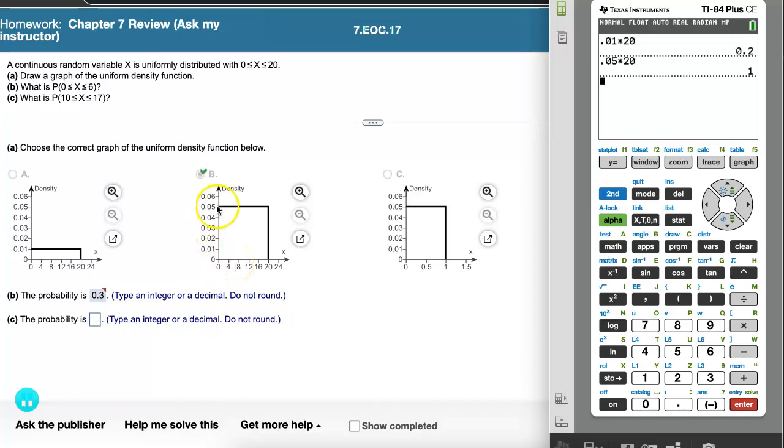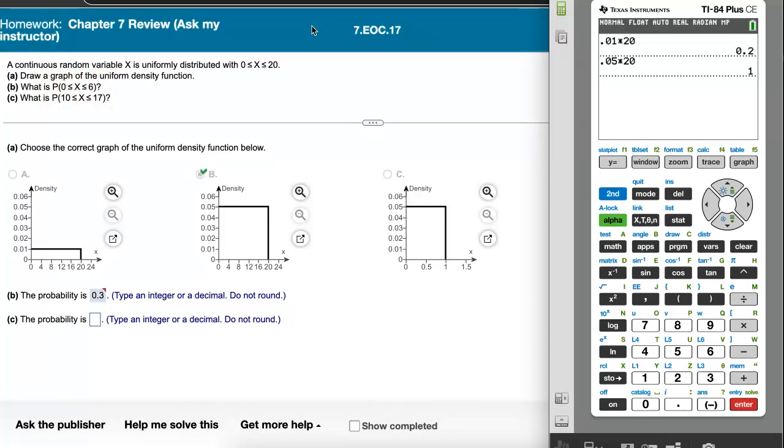But I'm just multiplying those two dimensions together, and I'm checking that the area under that rectangle is 1.